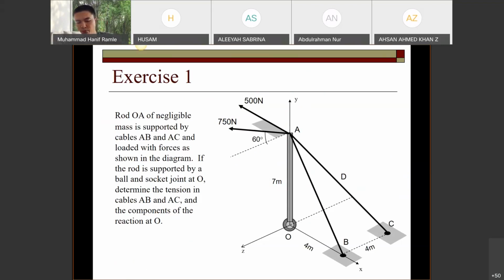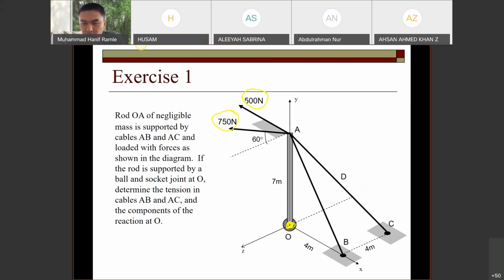There are two external forces, 750 and 500 Newton. If the rod is supported by a ball and socket at point O, determine the tension in cables AB and AC, and the components of the reaction at O.